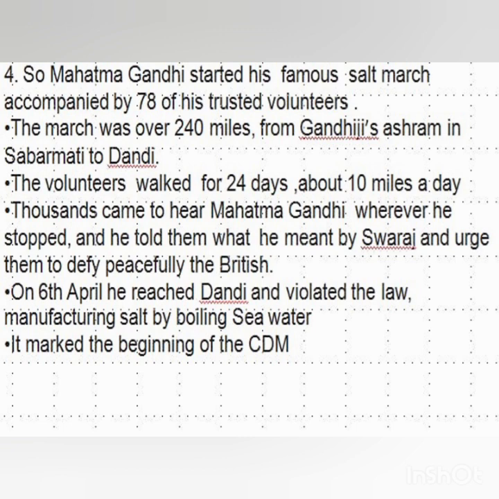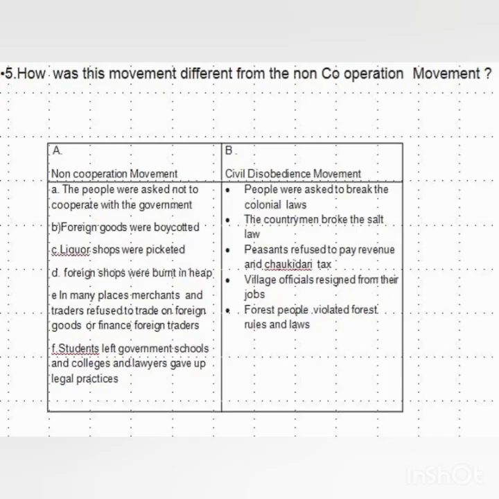Thousands came to hear Mahatma Gandhi wherever he stopped, and he told them what he meant by Swaraj and urged them to defy the British peacefully. On 6th April, he reached Dandi and violated the law by manufacturing salt by boiling seawater. It marked the beginning of the civil disobedience movement.